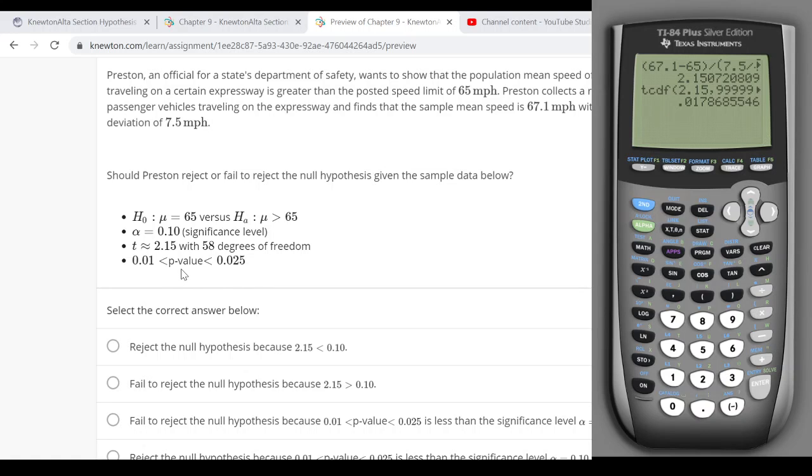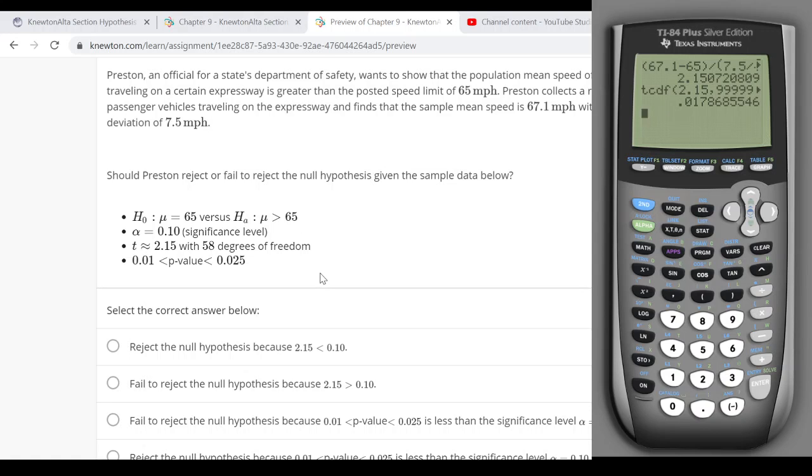Well, remember what you do with that. You compare the p-value to the significance level, to alpha. If the p-value is less than or equal to alpha, you reject the null hypothesis. You reject that the mean is 65 miles per hour and lean more toward the alternative.